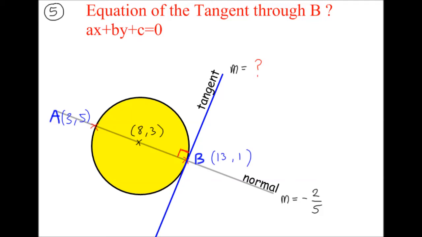Now if the gradient of the normal is minus 2/5, a line that's perpendicular to the normal will have a gradient with the opposite sign, so it will be positive, and you have to flip over this fraction here, work out its reciprocal. So the tangent has a gradient of 5/2.